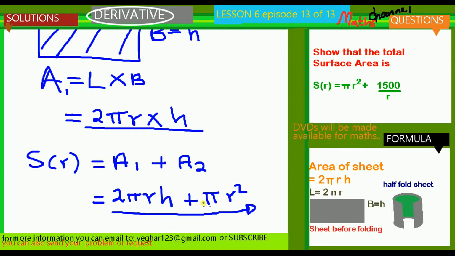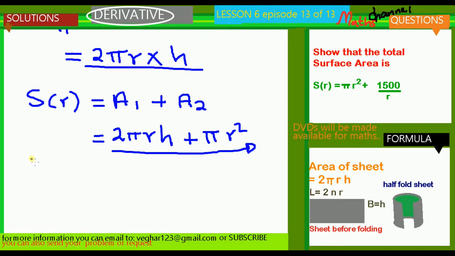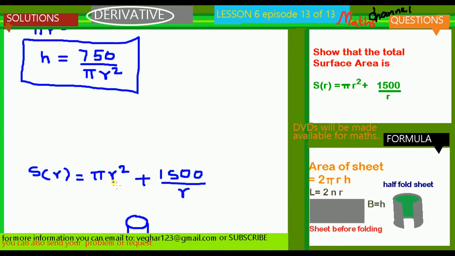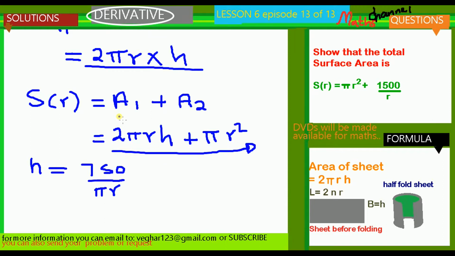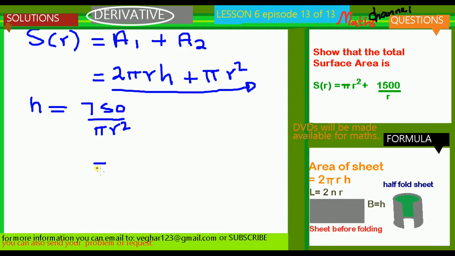Yeah, this is the answer, but because you have already solved the h here, it was 750 divided by pi r square. Let's check the value of A. It is a square, so we'll replace the value of h.